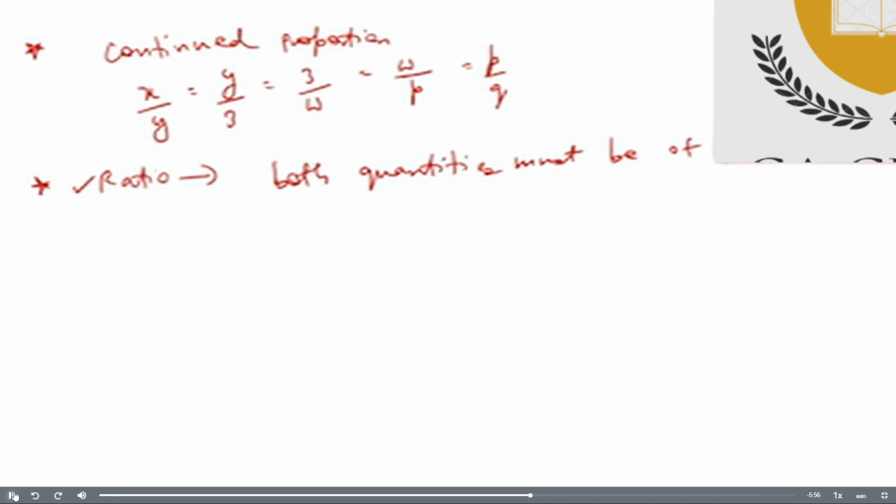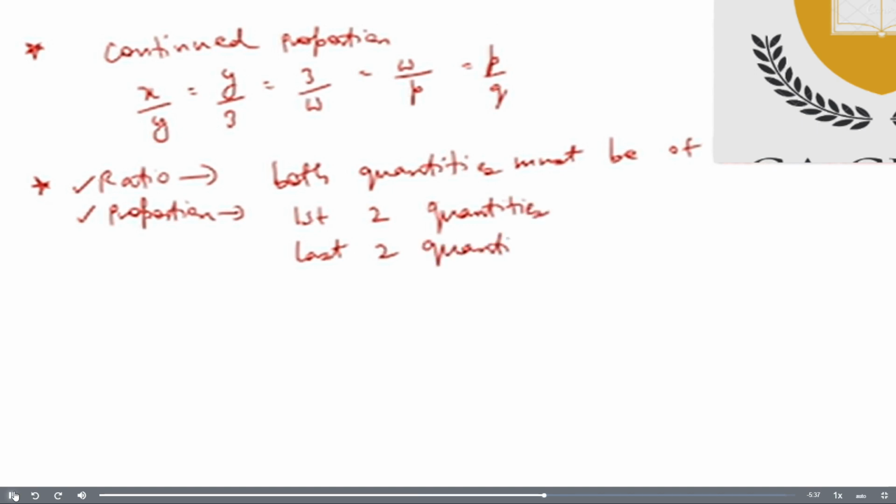However, in the case of a proportion, the first two quantities must be of the same kind and the last two quantities must be of the same kind.